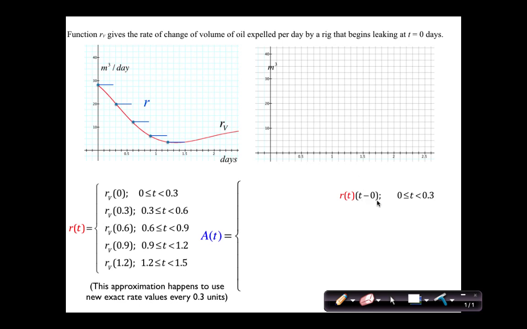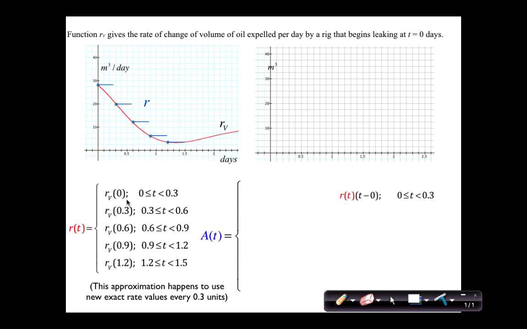So I wrote the t minus 0 part here, just to be fancy, but I didn't write the 0 plus. R sub t refers to this function. If I'm between times 0 and 0.3, writing r sub t means r sub v of 0. So I can write it that way if I want to, instead of writing the specific r sub v value. I can just say r of t, because I've already defined r of t someplace else.